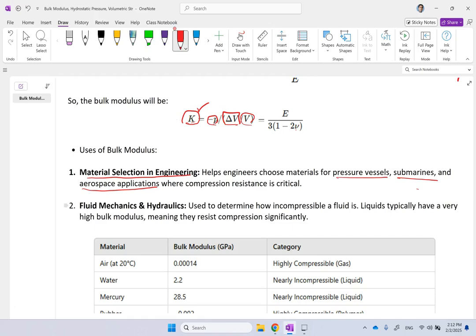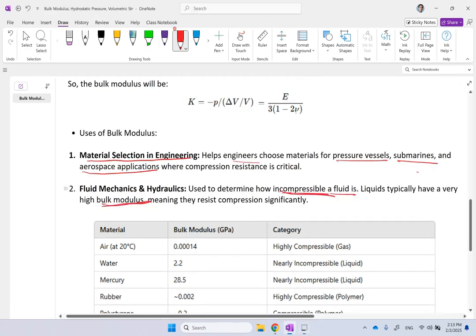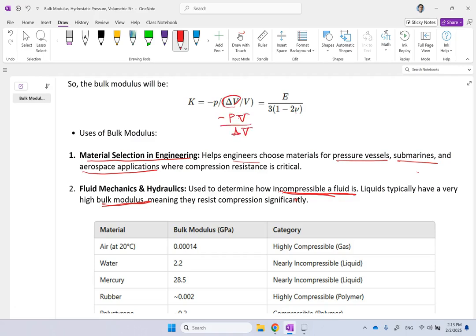The other thing is about the fluid itself. We want to know whether the fluid is compressible or not compressible. We can look at the bulk modulus values. If you look here, this delta V is in the denominator. If you simplify, this is negative PV over delta V. So if you can squeeze a material and change its volume significantly, that means this delta V is a big number, which means K has to be small.